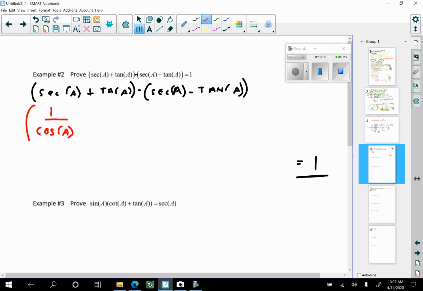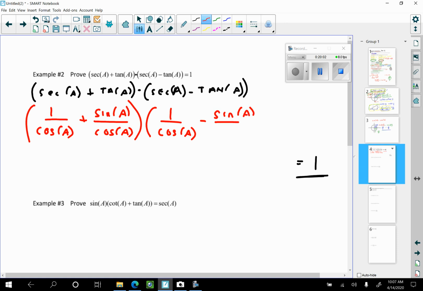What's the tangent? The tangent is the sine of A over the cosine of A, in parentheses, times secant of A, which is 1 over cosine of A, minus tangent of A over cosine of A.